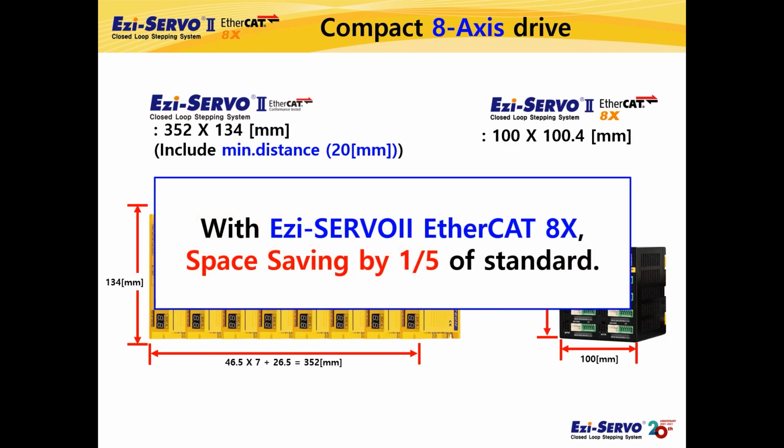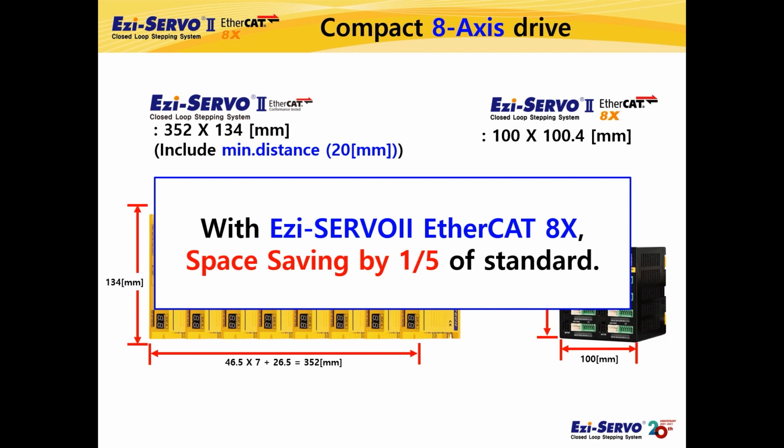Also, in the case of 8 standard type drives, they require 1 EtherCAT cable for the connection to the EtherCAT master, and 7 EtherCAT cables for the daisy chain connection between the drives, so total 8 EtherCAT cables are required, but you only need 1 EtherCAT cable if you use Ezi-SERVO II EtherCAT 8X.